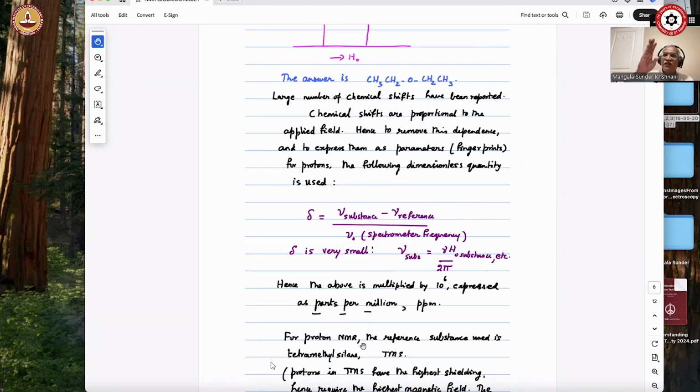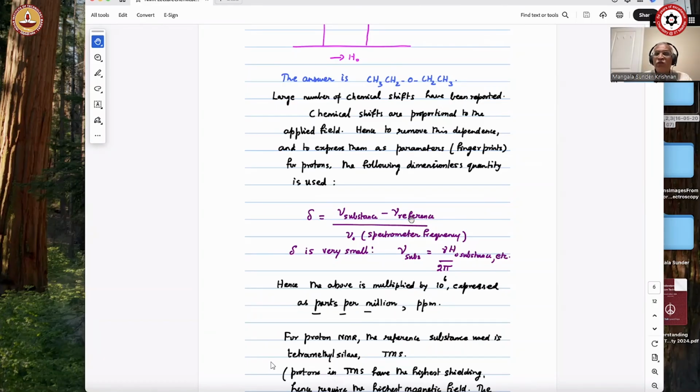Tetramethylsilane has the highest magnetic field for most proton-based compounds, and it is also a solvent. Therefore, TMS has the farthest line on the right-hand side, and that's called the reference line.